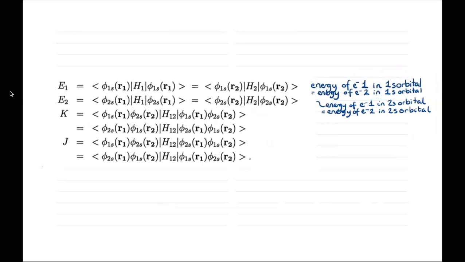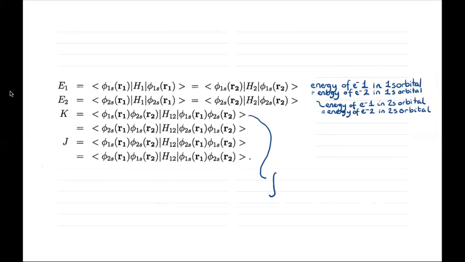Let's look next at the K integral, which is a little bit less intuitive, I'd say. So the K integral, let's write it out again and rearrange things a little bit.